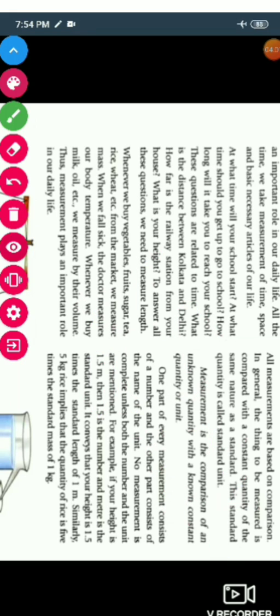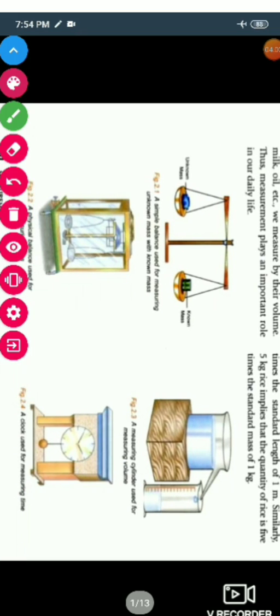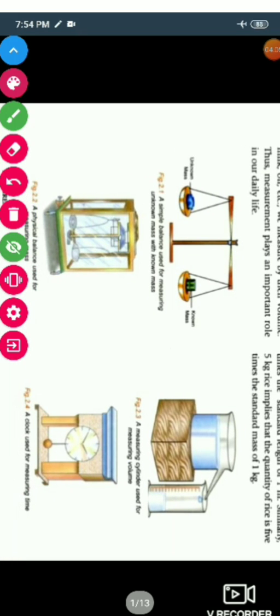Now here they have given some measuring devices. You all know this is a beam balance. This is again a physical balance, which is mostly used by people selling very precious things like precious metals and precious stones.